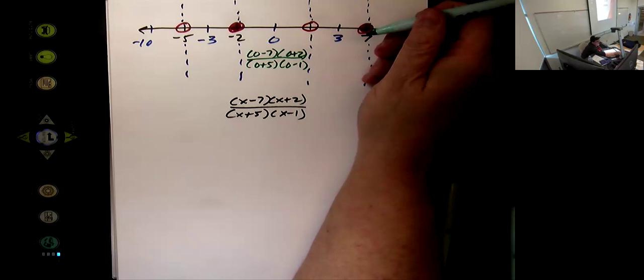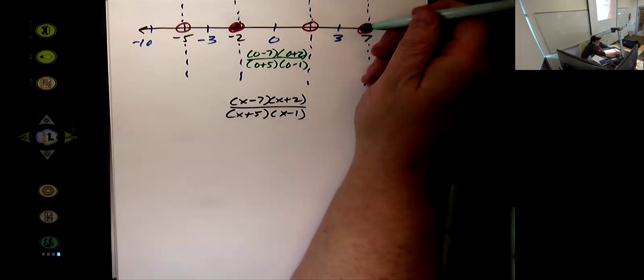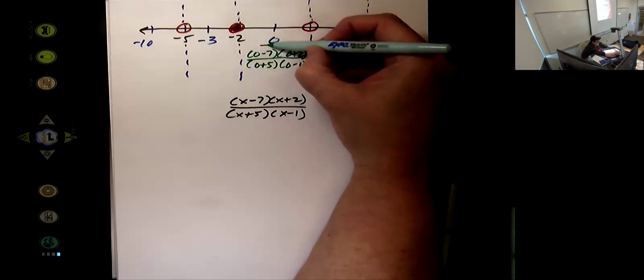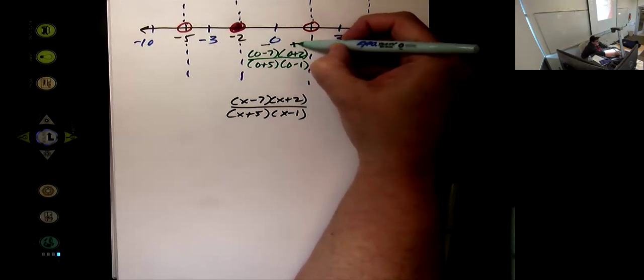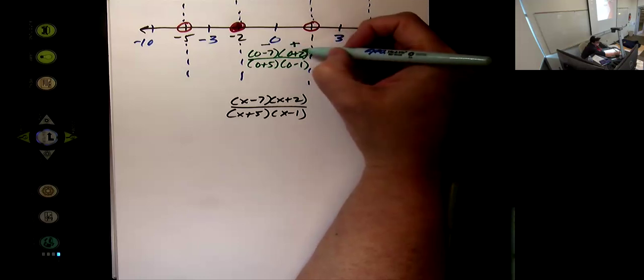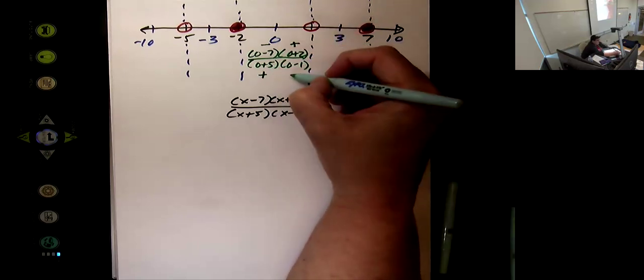Do not waste your time calculating the overall value. You're just trying to see if it's positive or negative. So the only thing that matters is the sign. 0 minus 7 is negative. 0 plus 2 is positive. These are easy to do with the 0, because you get just regular: negative 7, positive 2, positive 5, and negative 1.